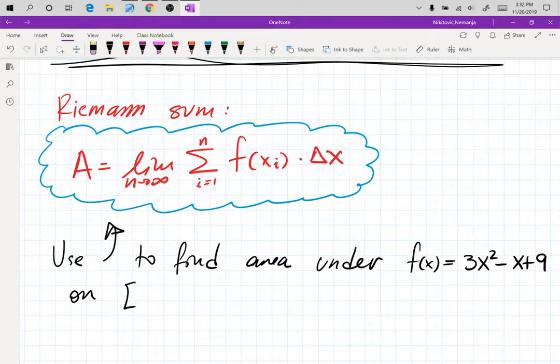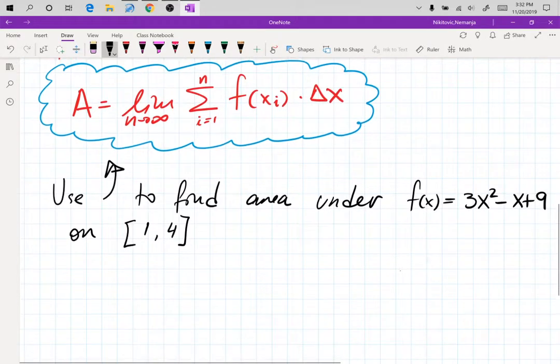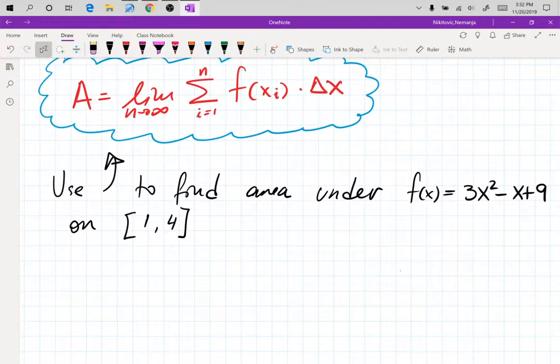Let's go 1 to 4. So interval 1 to 4. You can literally put whatever you want. Doesn't matter.